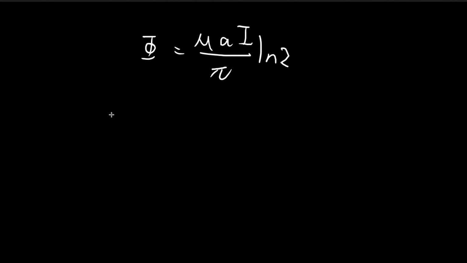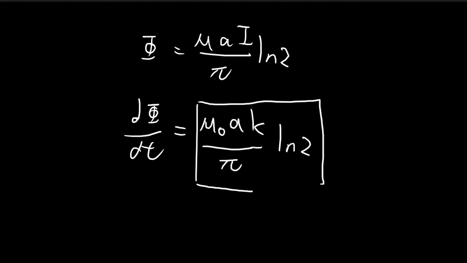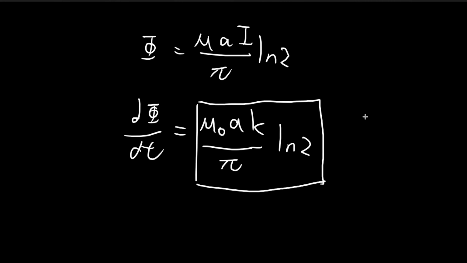So this is our flux. In order to find the EMF, we differentiate this with respect to t. All these are constants, so all we have is a di/dt, and that's just equal to k. So there we have it. This is the magnitude of the EMF being generated in this larger wire due to the increasing current in the smaller wire. So this is the answer.